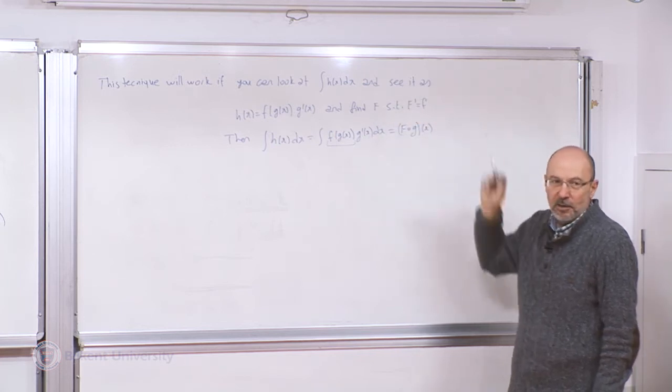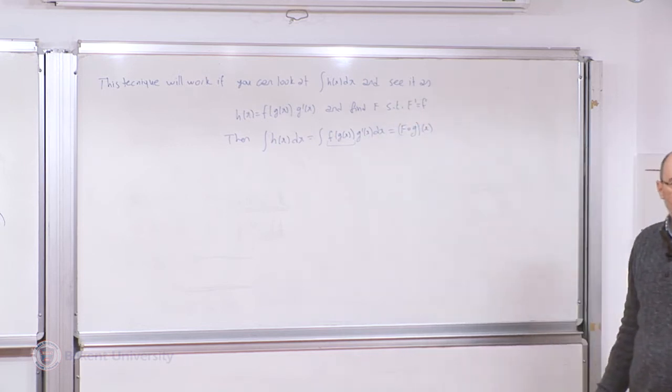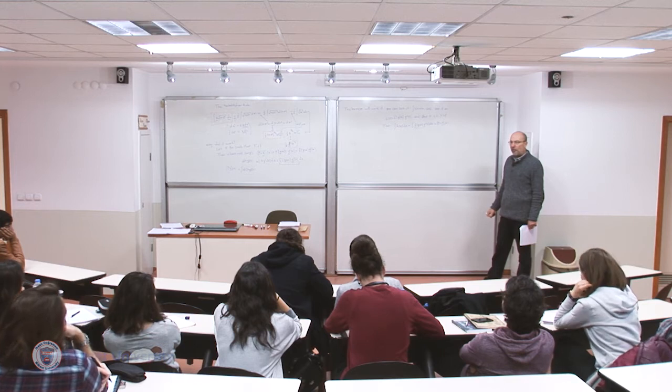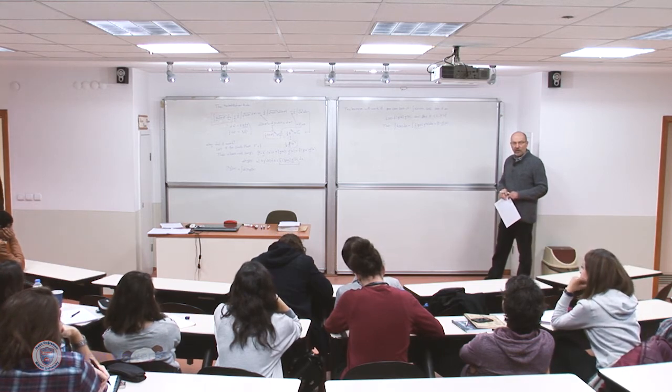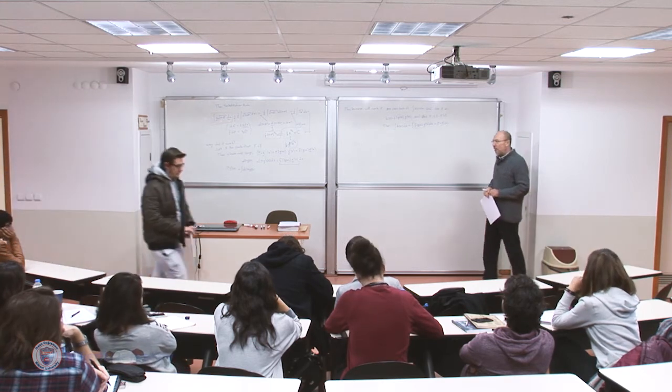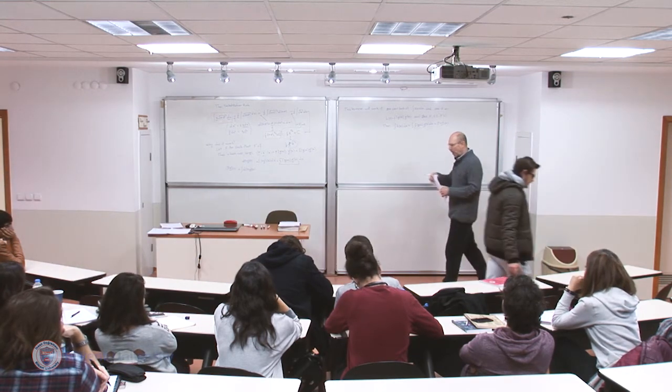You see that this looks like a miracle. You look at this, and suddenly you see something else. The only way it works is because you have solved lots of examples, and you know that sometimes this works. It works much easier than it sounds.